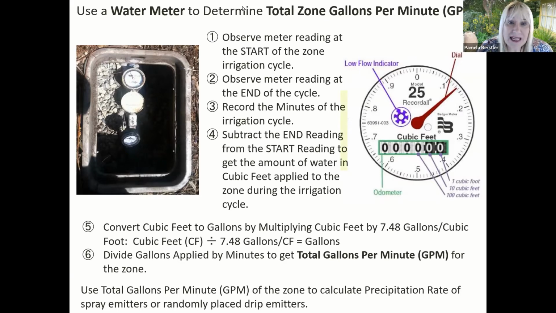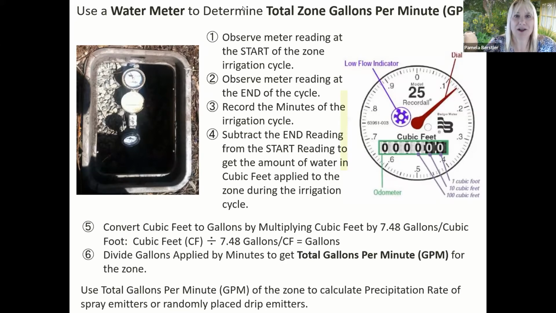The easiest way to determine total gallons per minute, although it's a challenge when you have drip, but technically the easiest way, and it's really easy if you have spray, is to go to the water meter and watch the water meter for 5 minutes and figure out how much water has actually passed through the meter, and then divide by the number of minutes that you were watching, and voila, you have the total gallons per minute for that particular irrigation zone.